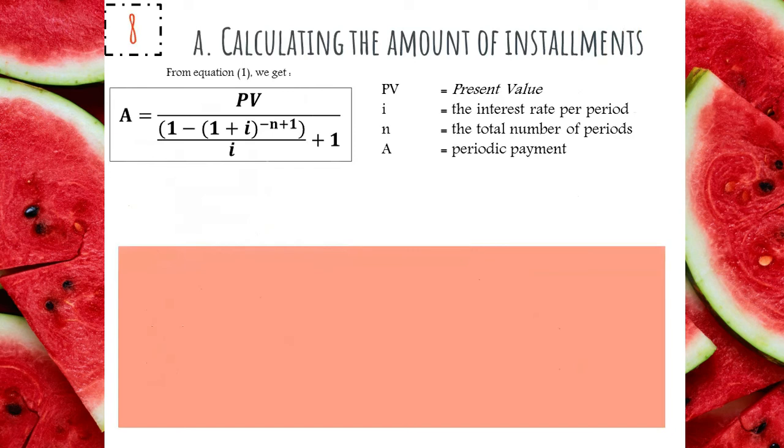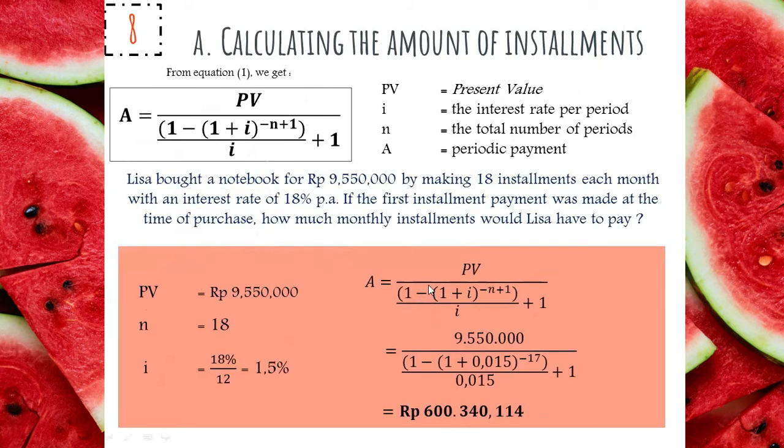The first is calculating the amount of installment. From equation 1, we get A equals PV divided by 1 minus 1 plus i to the power of minus n plus 1, divided by i, plus 1. This is the example. We use the formula of A and then we get 600 million rupiah.